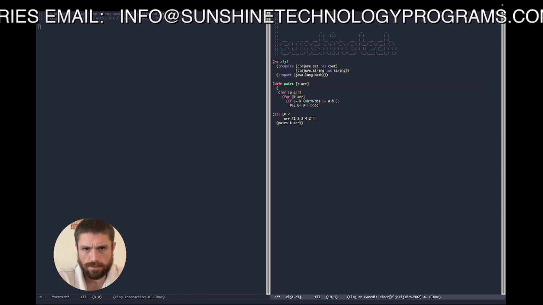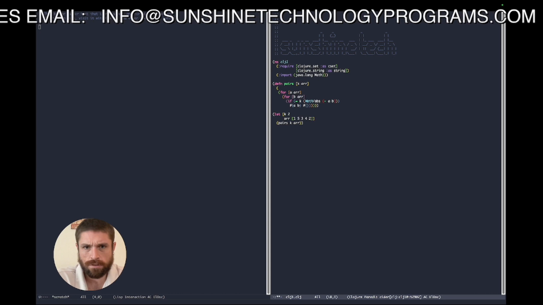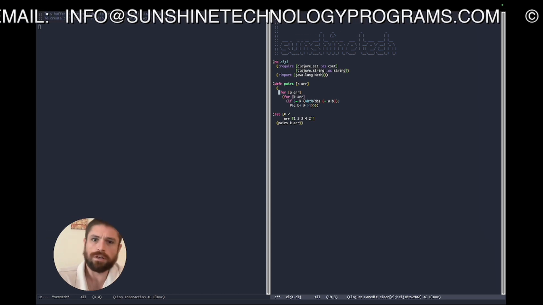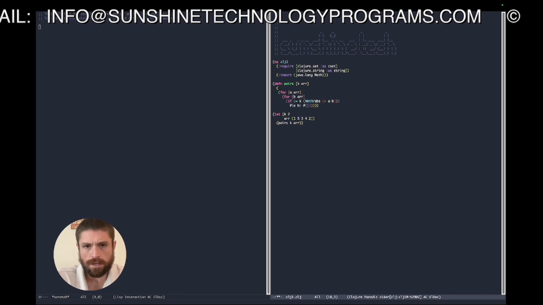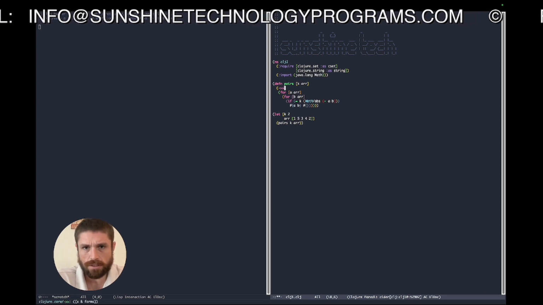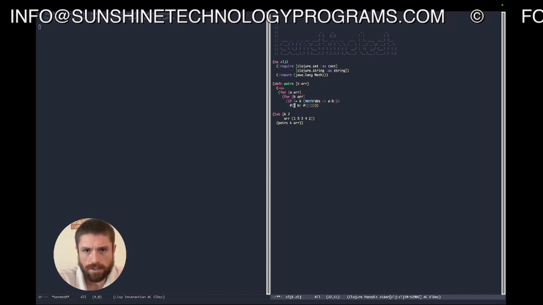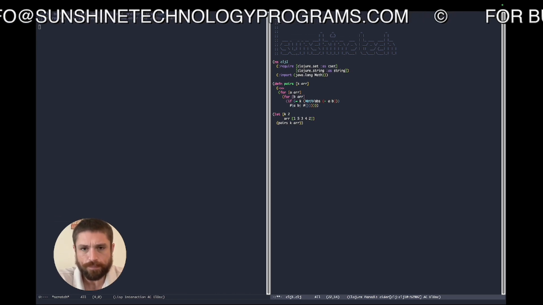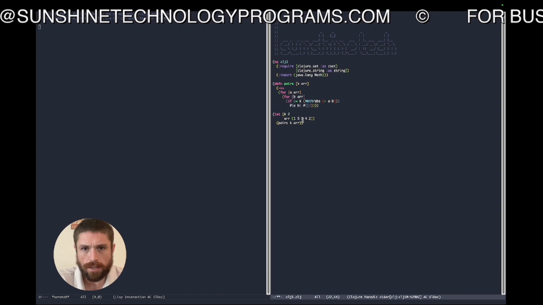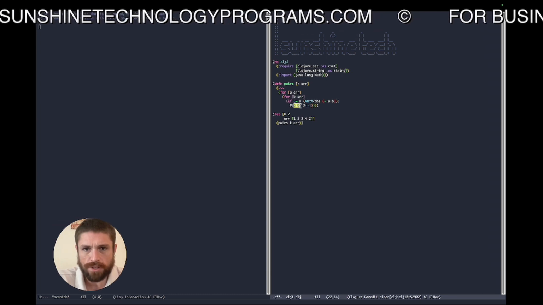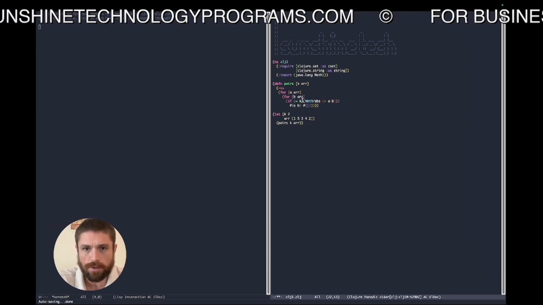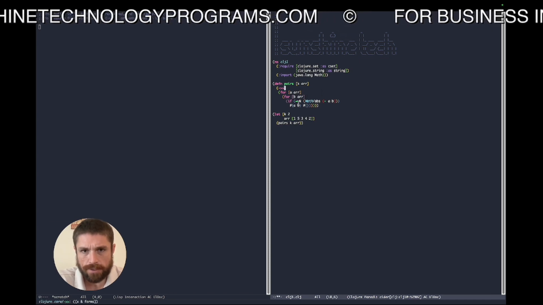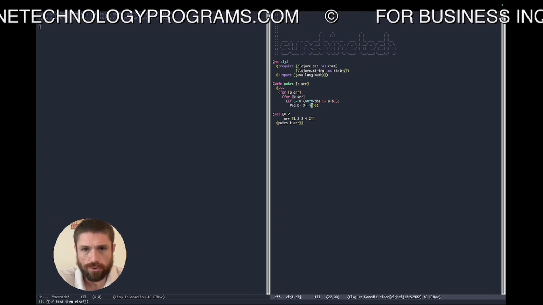So this gives us a seq of sets, and then I'm going to process that. The basic idea is that we're collecting pairs, and we're going to have one of these sets for each pair that differs by k.